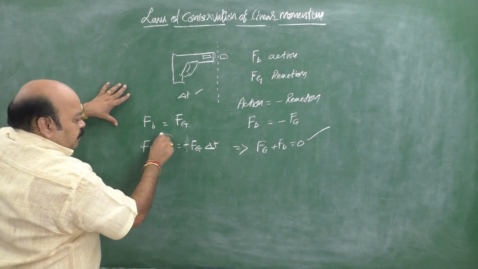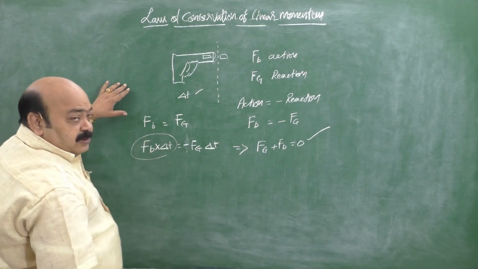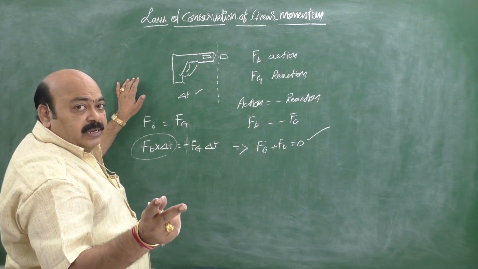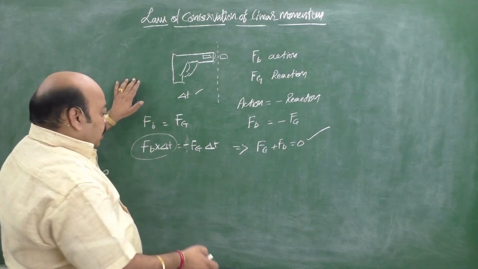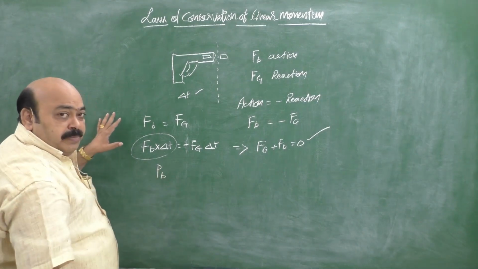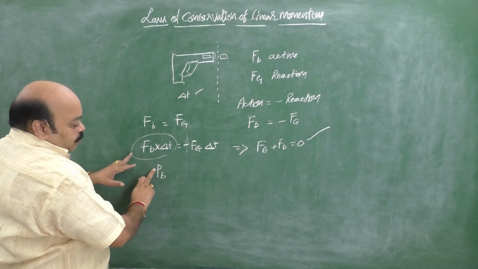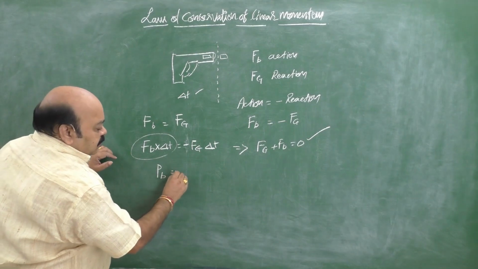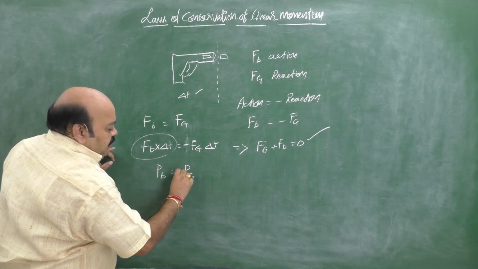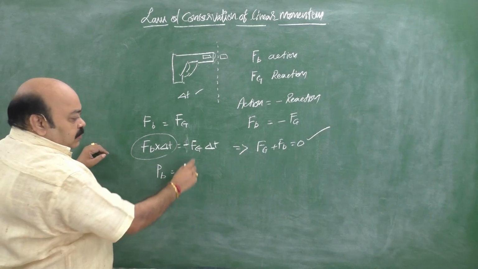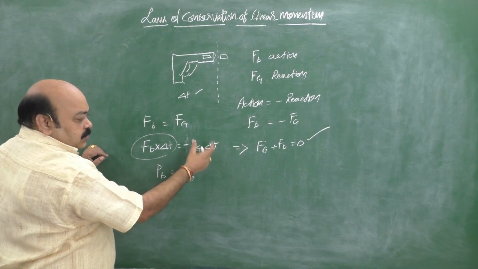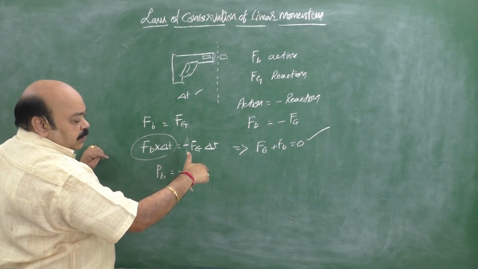But force into time is nothing but the impulse, which is nothing but the change in momentum. That means Fb into delta t is called Pb. Pb, simply the momentum of the bullet, is equal to the momentum of the gun with the negative sign, because force into time is impulse, which is equal to change in momentum.